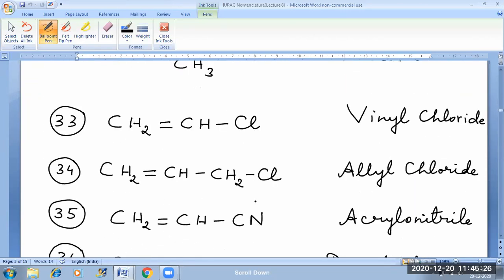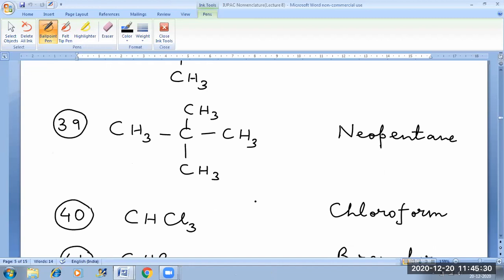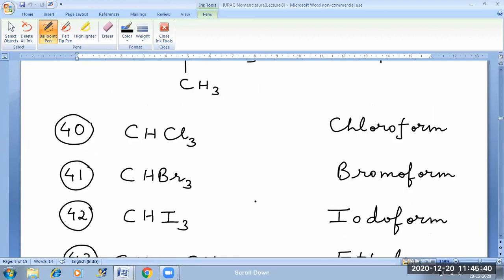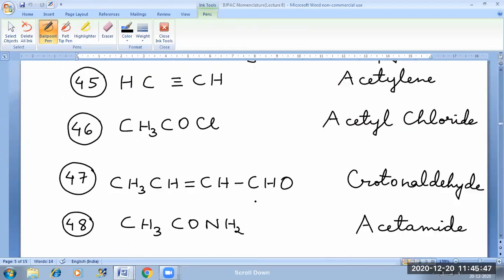These all are very much important because, as I said, sometimes in questions they give you the common names. They will not give you the IUPAC name in the question. Sometimes they may give you the common name in the question, and they may ask you to write the IUPAC name for that compound. So if you don't know the common name, you will not be able to identify the compound.